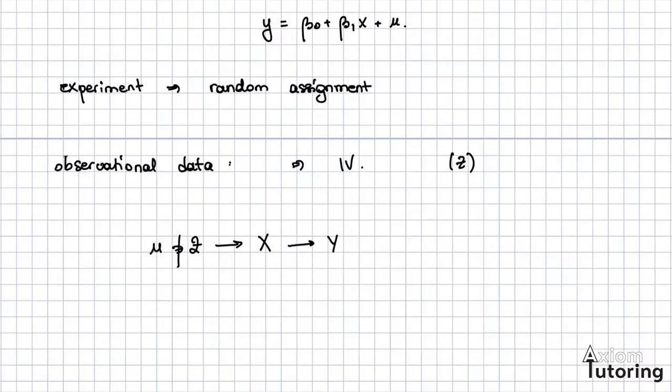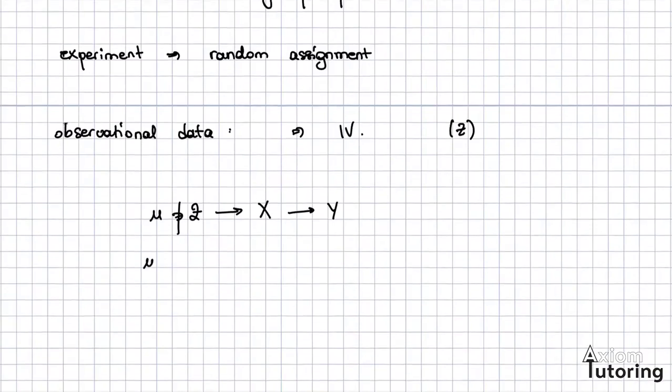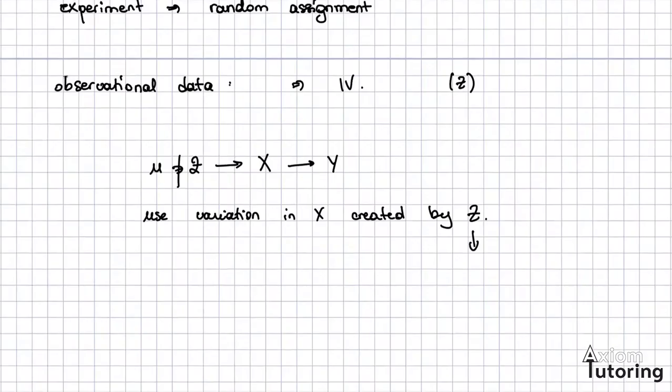Which means that instead of using all the variation in X, which was contaminated, we use only the variation in X created by Z. Z, think of it as like this remote control for X. What do I mean by that? It moves X, but only through a clean channel, one that basically bypasses the contamination.